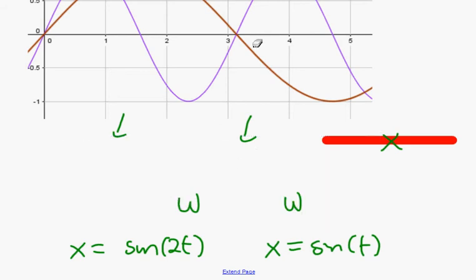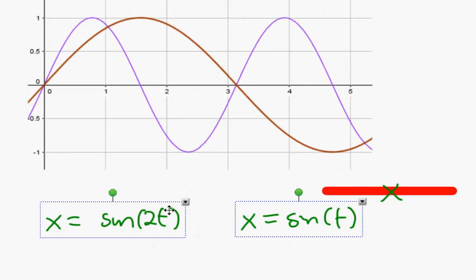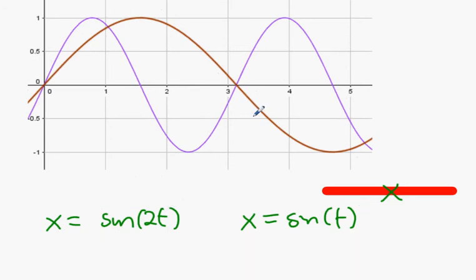So, first of all, using these two here, which one is which? Which one's 2t and which one is t? Sorry? The blue one is 2t, and the other one? t.